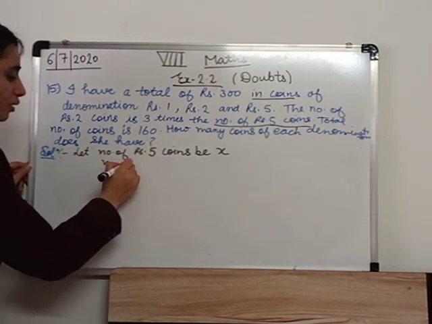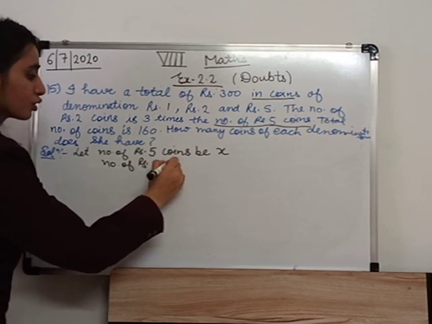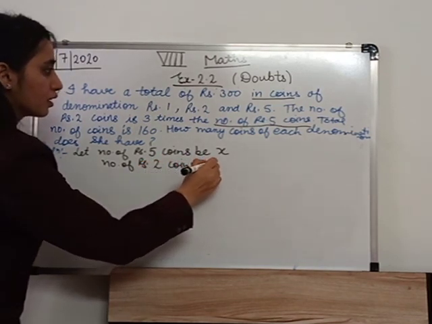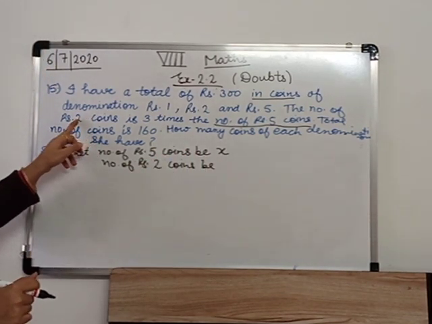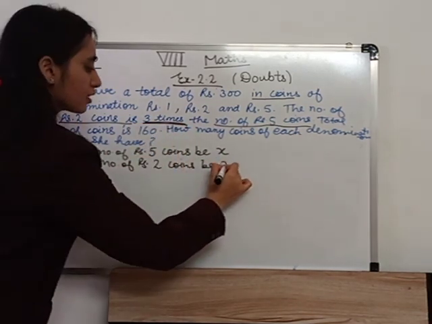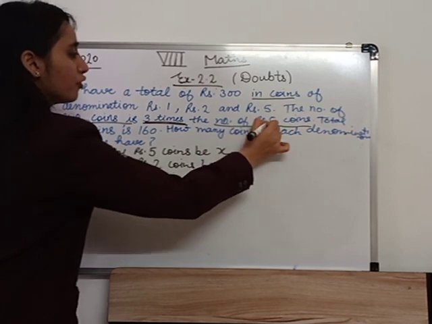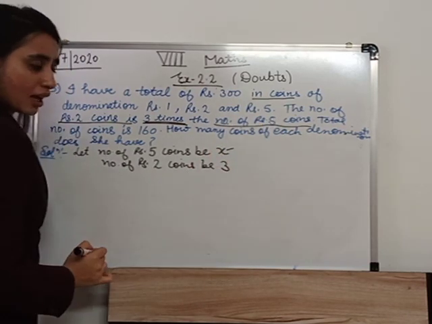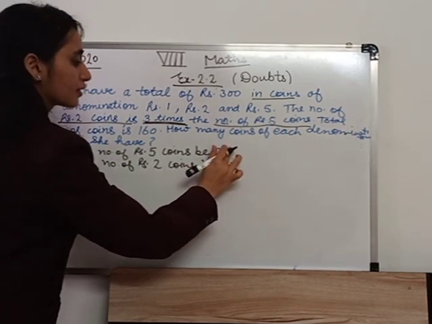Now the number of rupees 2 coins is 3 times the number of 5 rupee coins. 5 rupee coins be x, then 3 into x.